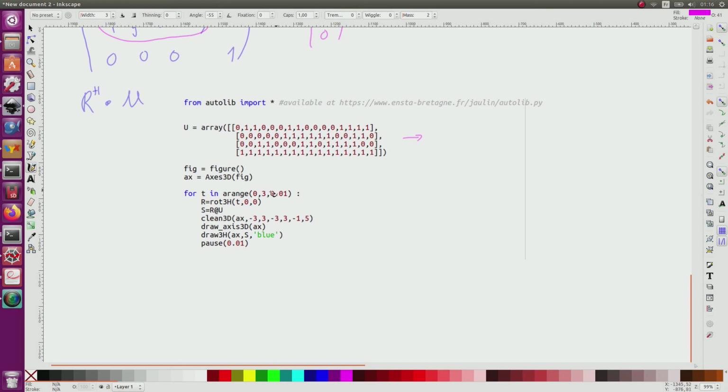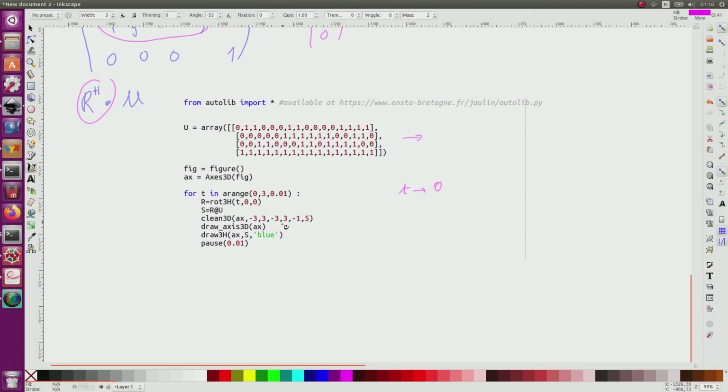And this is my for loop where t corresponds to theta. Okay. Rot h corresponds to this matrix given here, and it is in the Autolib library. I make the multiplication by u so that S corresponds to the rotated sketch.